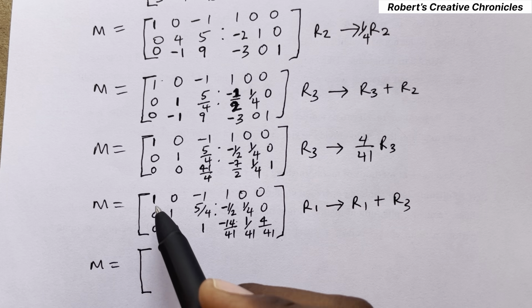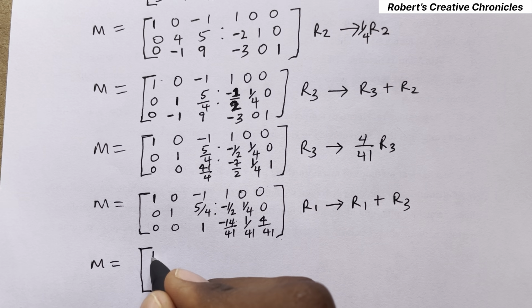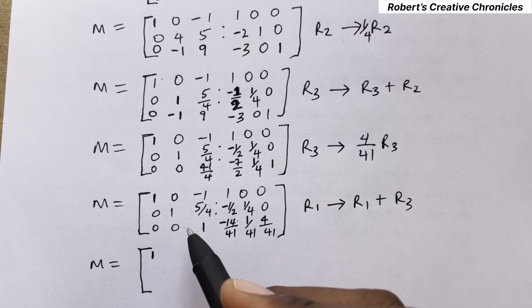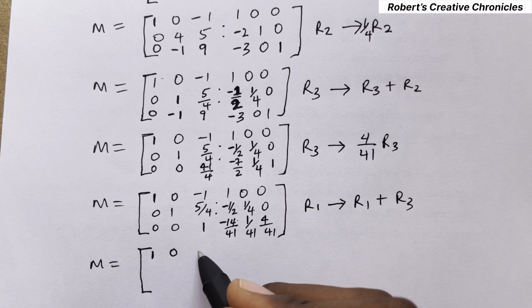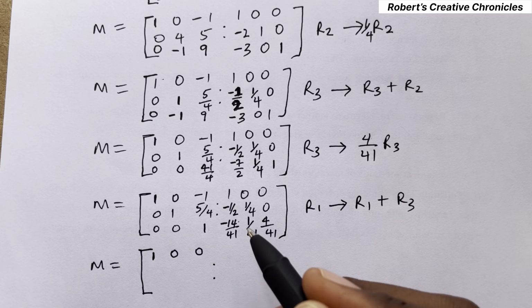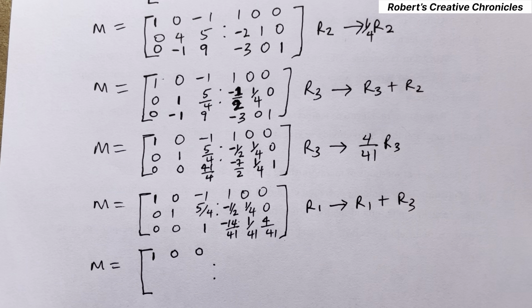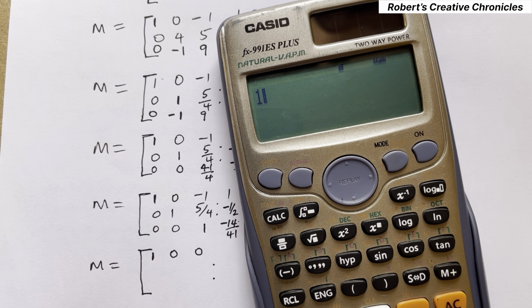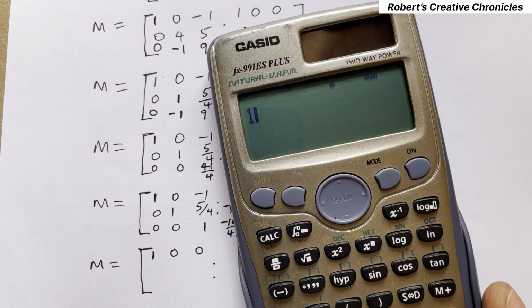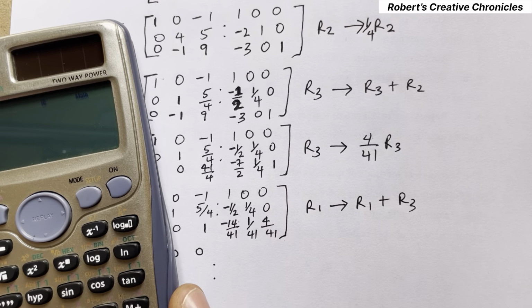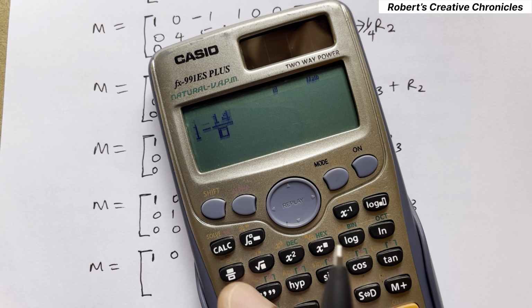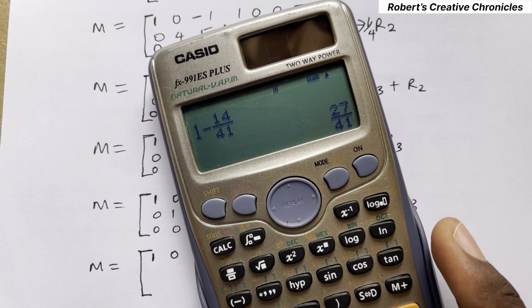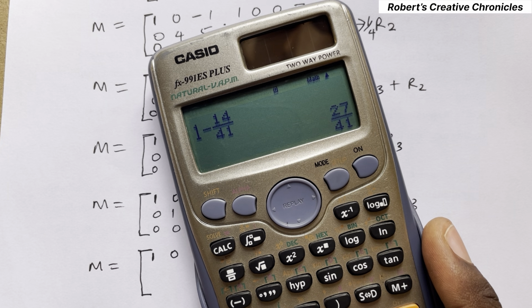So it will be this plus this, which is 1. Here will be 1. Then this plus this is 0. This plus this becomes 0. This plus this is what? 1 minus 14 over 41, which is 27 over 41.